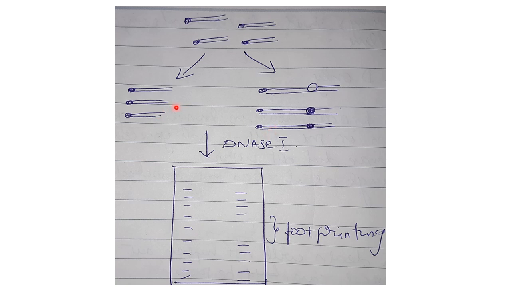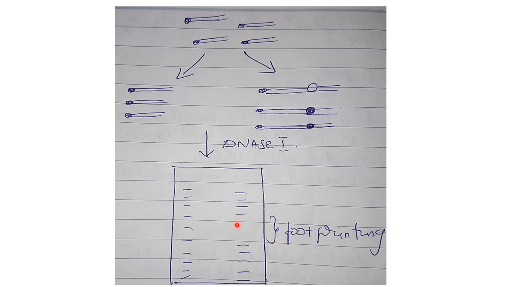Now you treat the control and the sample with the DNase 1. Then you run the PAGE gel, polyacrylamide gel. For the control ones you will get the digested fragments, whereas for the treated sample you will see a blank space over here where no bands are observed. That is called the footprint.